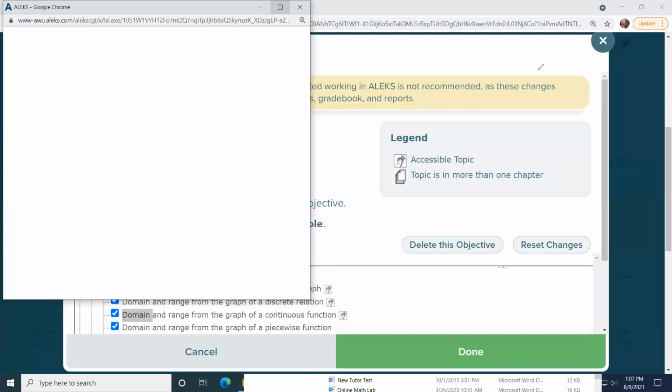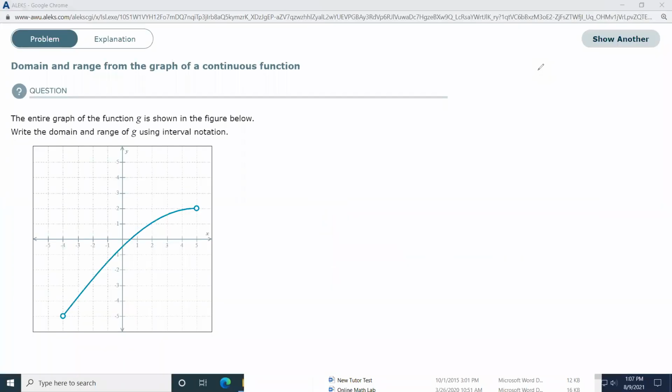Okay, on this one, the entire graph is shown. What's the domain and range? For the domain, again, that is going to be all the x values being used. So we're using -3.5 and -1 and 3 and stuff.